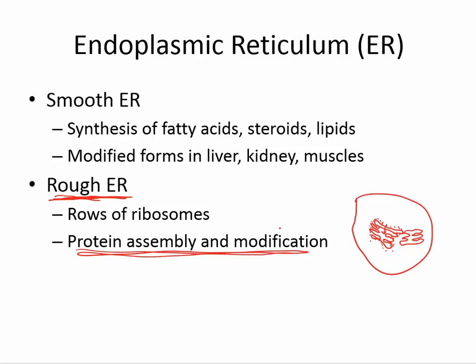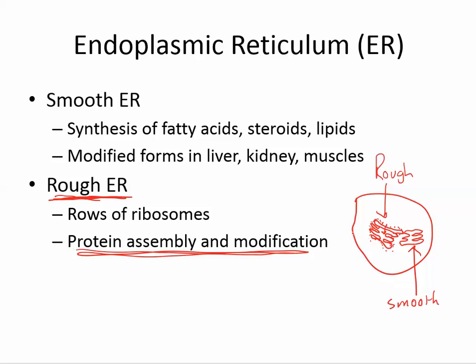Okay. Now, something that happens over here, so this is rough, and it's rough because it has the ribosomes. And then over here we have smooth, no ribosomes. So if it's smooth and it doesn't have ribosomes, then it's not making proteins and protein assembly and modification.